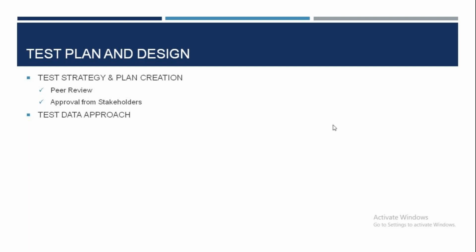For example, we are discussing user creation. I need, let's say, 100 users or 200 users for my scenario. Those 200 users need to be created. You can create them manually, one user at a time.